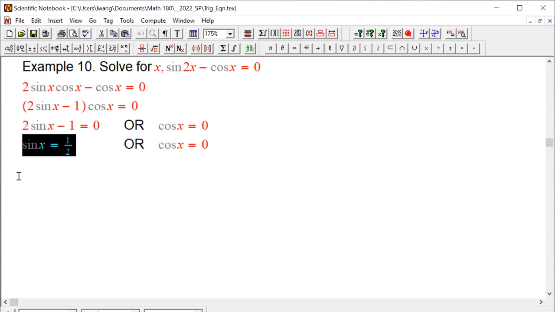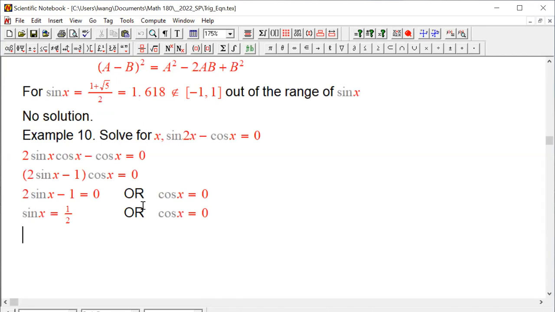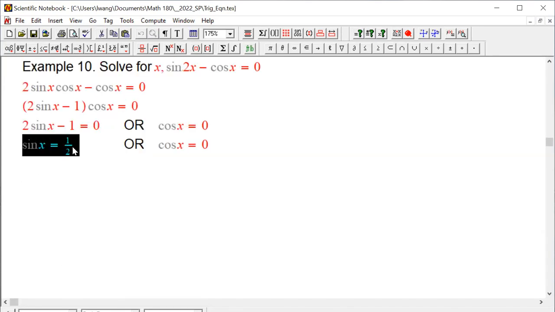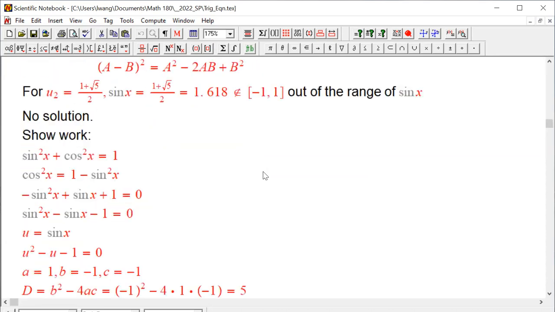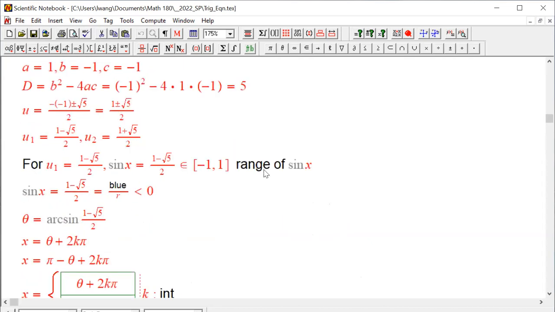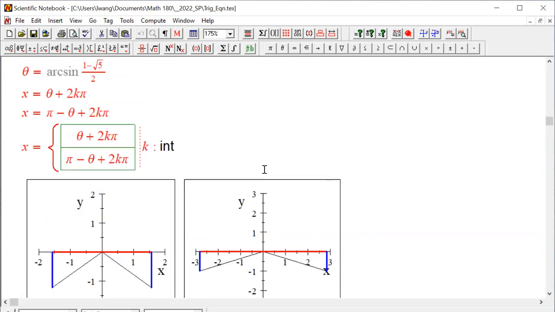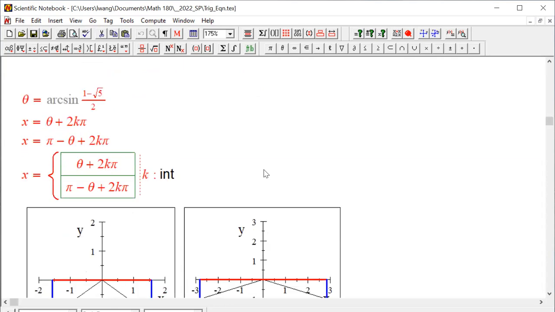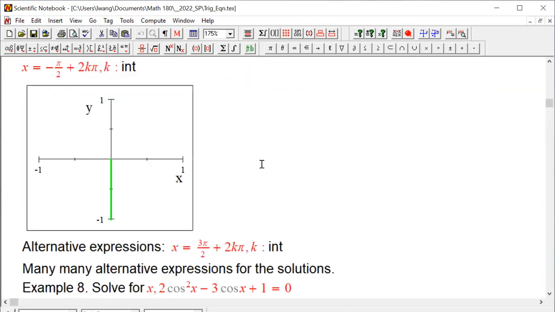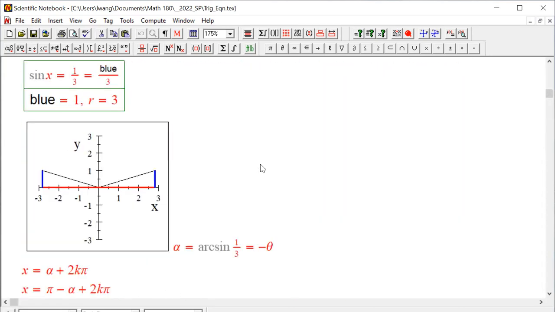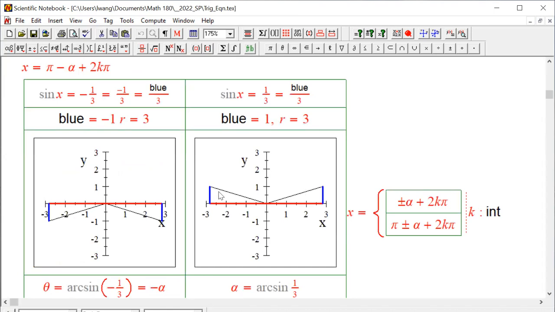So for sine x equals a half, isn't this similar to the situation we had, the 1/3 situation? I just want to show you the similarities of these questions.